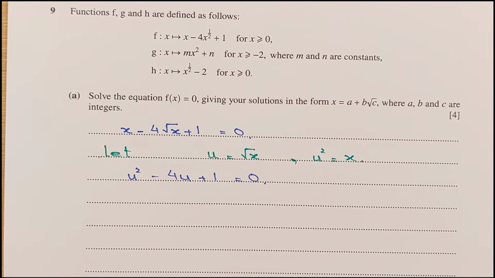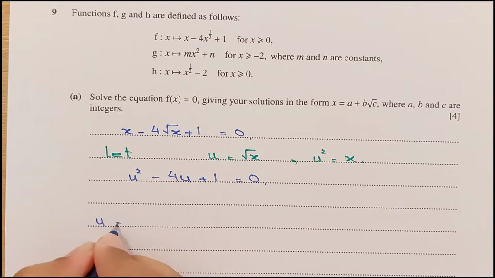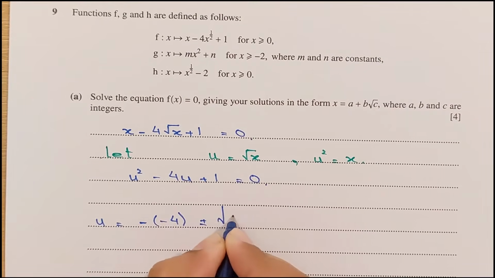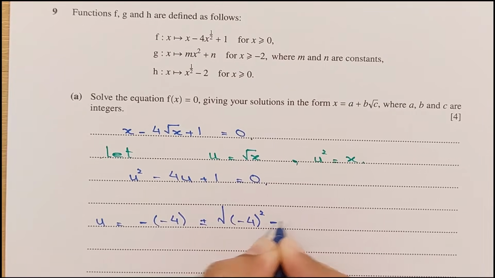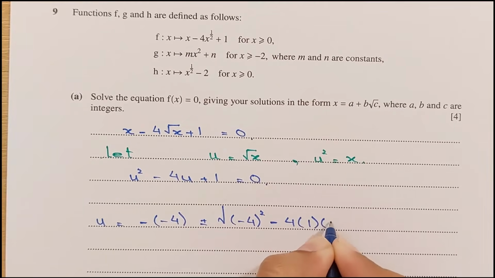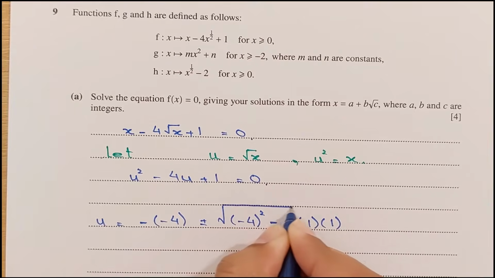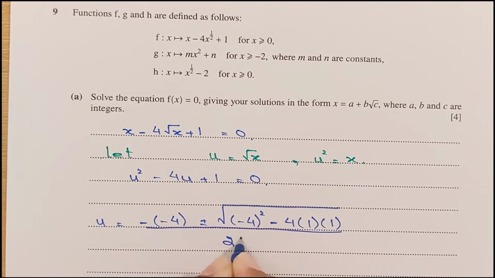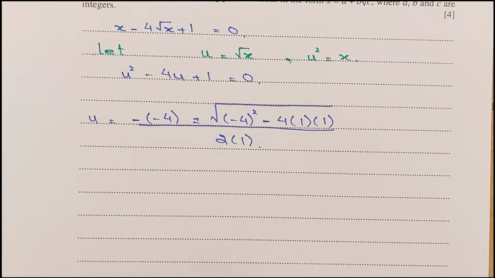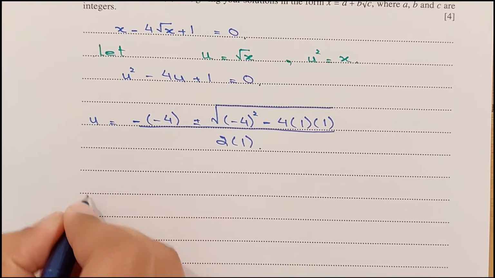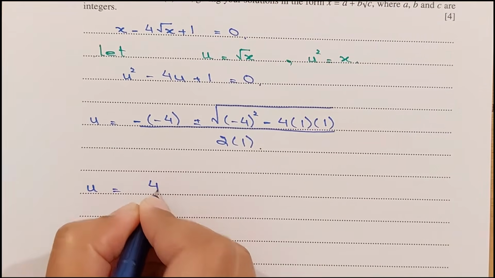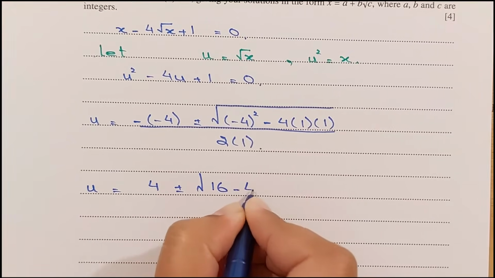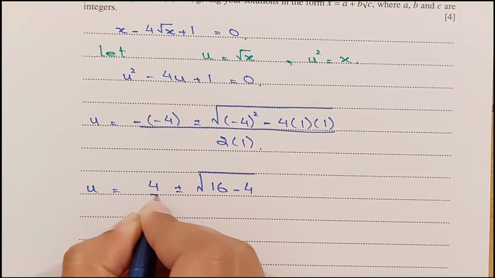Let me apply the quadratic formula here. u is equal to negative b plus or minus the square root of b squared minus 4ac, divided by 2a. Let me solve for u. Here the u value is 4 plus or minus the square root of 4 squared, which is 16, minus 4, divided by 2.